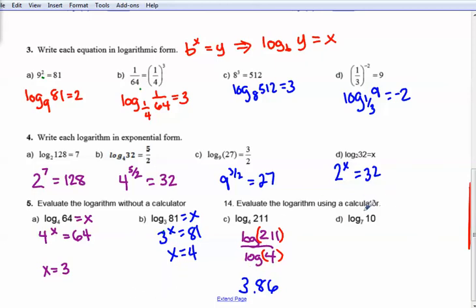Okay, and to evaluate the logarithm on the calculator, again, you're going to use the change of base formula, which says you do the log of the 10 divided by the log of the 7. So let's put that in a calculator.